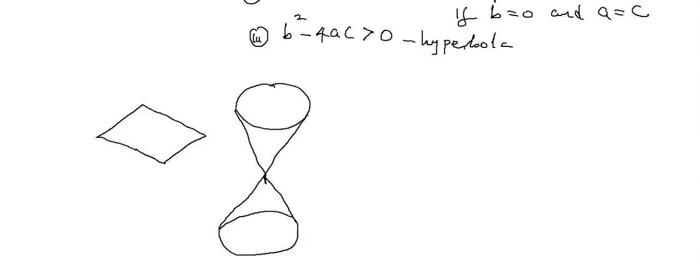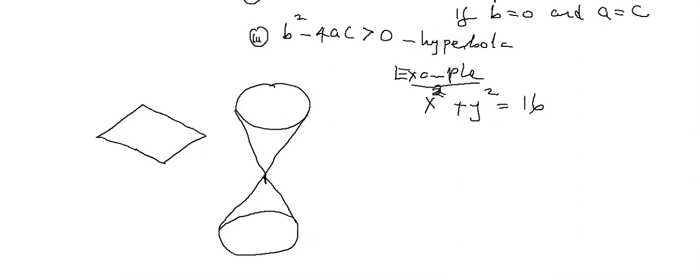Next, if you are given some equations, it is easier for you to determine whether the equation is a hyperbola, a parabola, an ellipse, or a circle. For example, x squared plus y squared is 16.